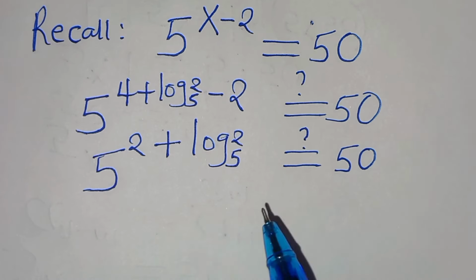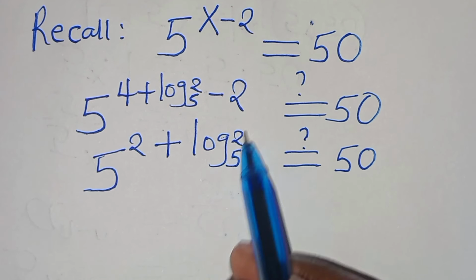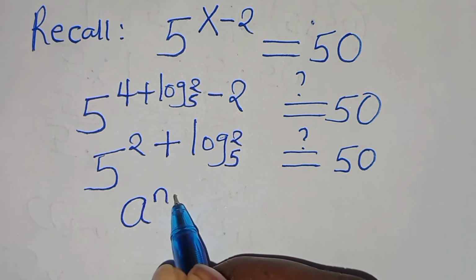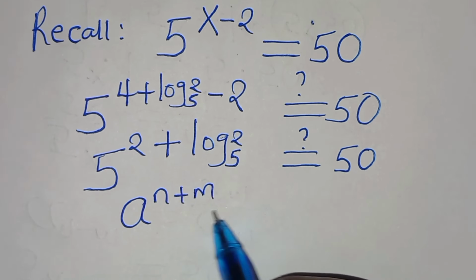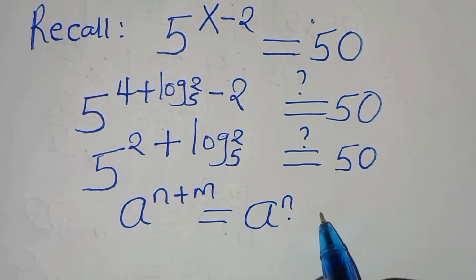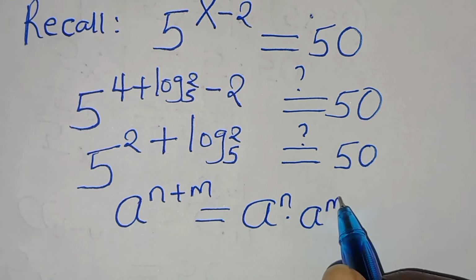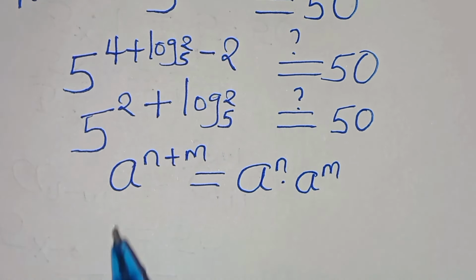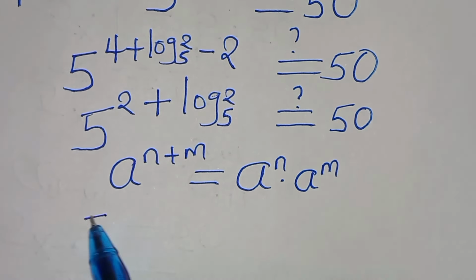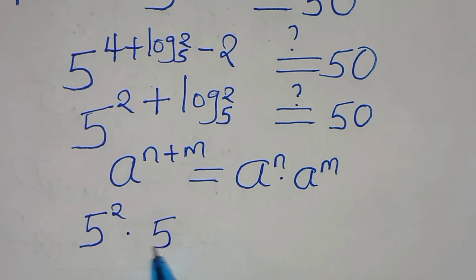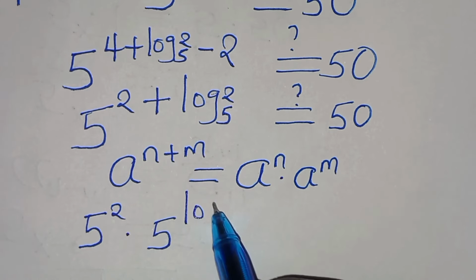Now, the next step is that 5 to the power of 2 plus log 2 to base 5 is in the form of a to the power of n plus m, which we can express as a to the power of n times a to the power of m. Applying this exponent property, then here we have 5 to the power of 2 multiplied by 5 to the power of log 2 to base 5.